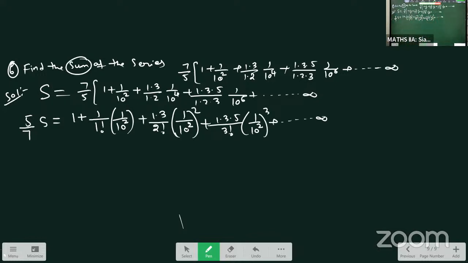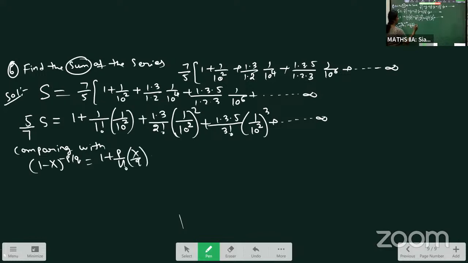Now it is the perfect form of infinite series. So comparing with the positive series, 1 minus x whole power minus p by q is equal to 1 plus p by 1 factorial into x by q plus p into p plus q by 2 factorial, x by q whole square plus so on.